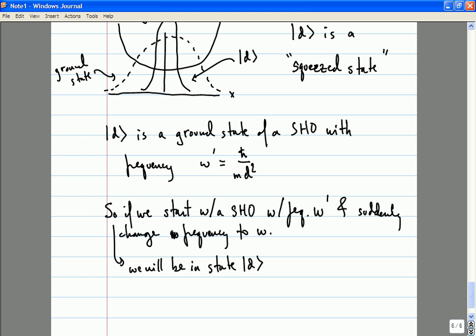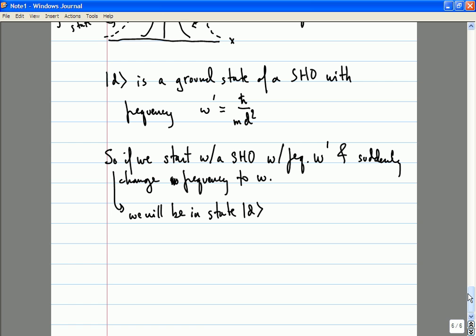And this sort of process, where you take a harmonic oscillator and you change its frequency as a function of time, is a prototypical time-dependent situation. Remember that physics is just harmonic oscillators. So if you want to study a prototypical system where some Hamiltonian is changing as a function of time, then the simplest possible system you could study is a harmonic oscillator whose frequency is changing with time.